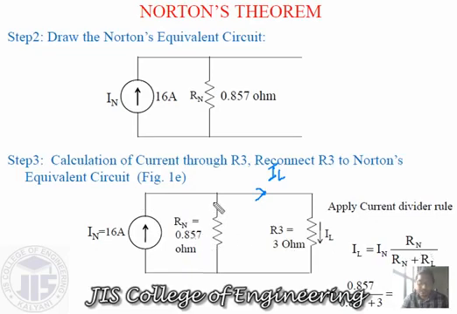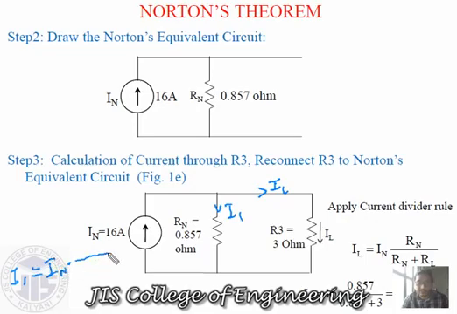Similarly, if we want to find the current through this other branch, suppose we consider this current as I1, and as in the previous one, this current was IL. By the same logic, we can calculate the I1 amount of current: the IN amount of current is being divided, so IN multiplied with the other branch resistance.